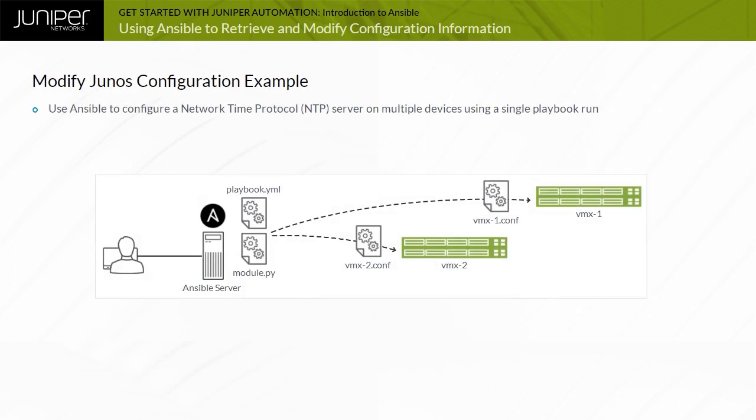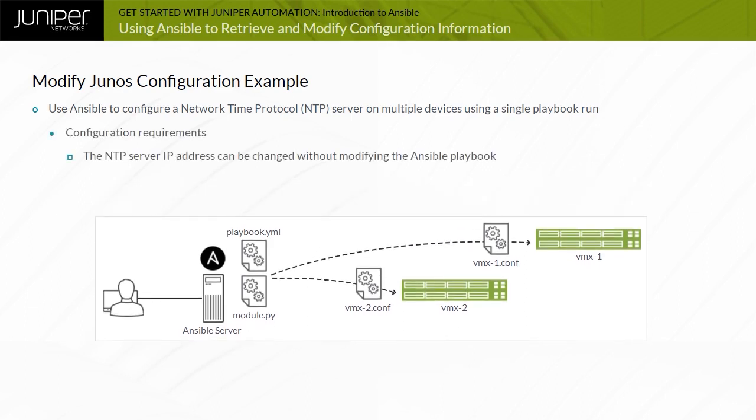This example uses an Ansible playbook to deploy Network Time Protocol, or NTP, server configuration on multiple Junos devices. There is only one NTP server IP address, and no additional NTP parameters except the IP address must be configured. It is not difficult to extend this example to include a list of NTP servers and additional NTP parameters.